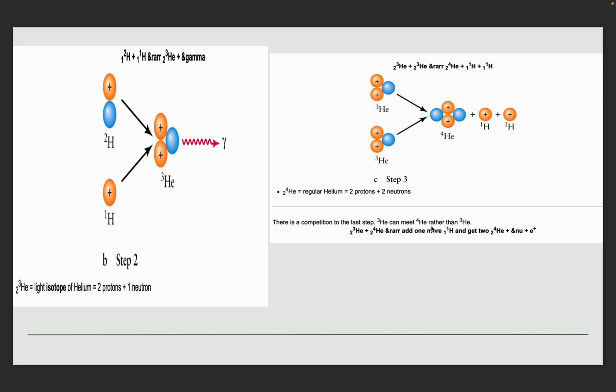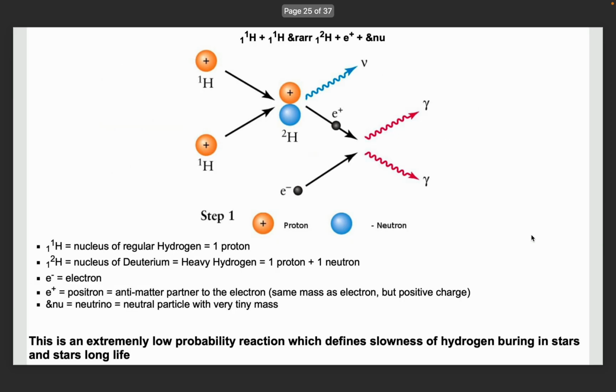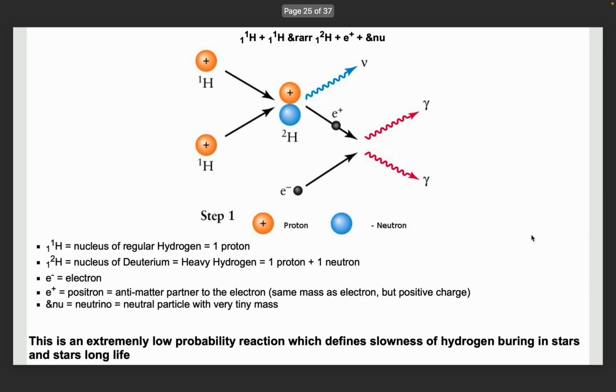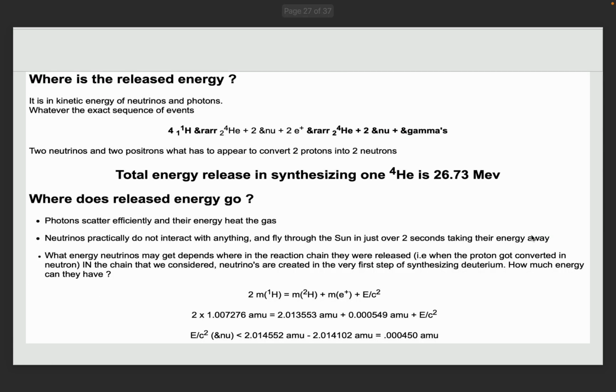Helium 3 can meet helium 4 rather than helium 3, and helium 3 and helium 4 react with more hydrogen to get helium 4, a neutron and a positron. So this reaction of converting 4 hydrogen to helium is known as the PP chain reaction.